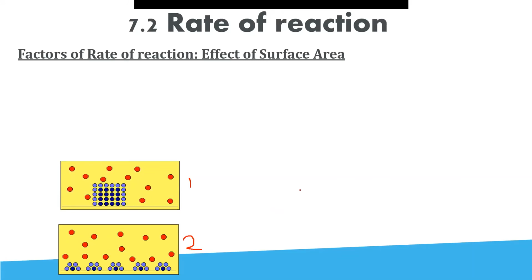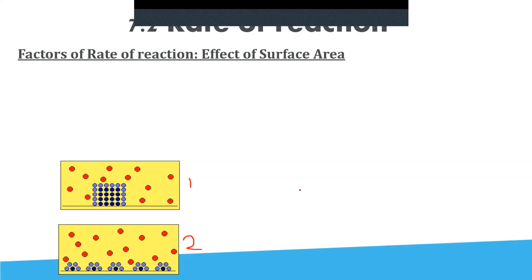You can see those particles arranged in a regular form. Some particles are blue in color and some particles are black in color. Why do you think so?